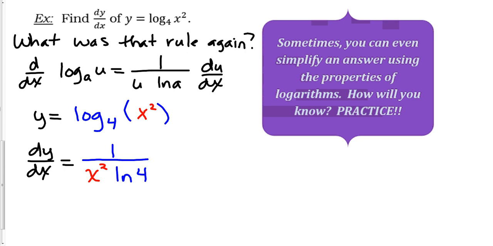And then I'm going to multiply by the derivative of the inside, which is 2x. And again, I can leave it just as it is. Moving on to the next page.